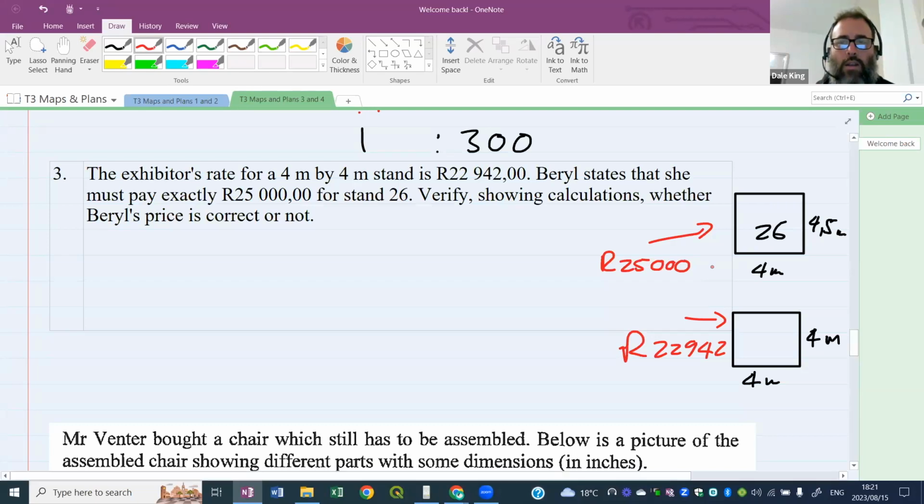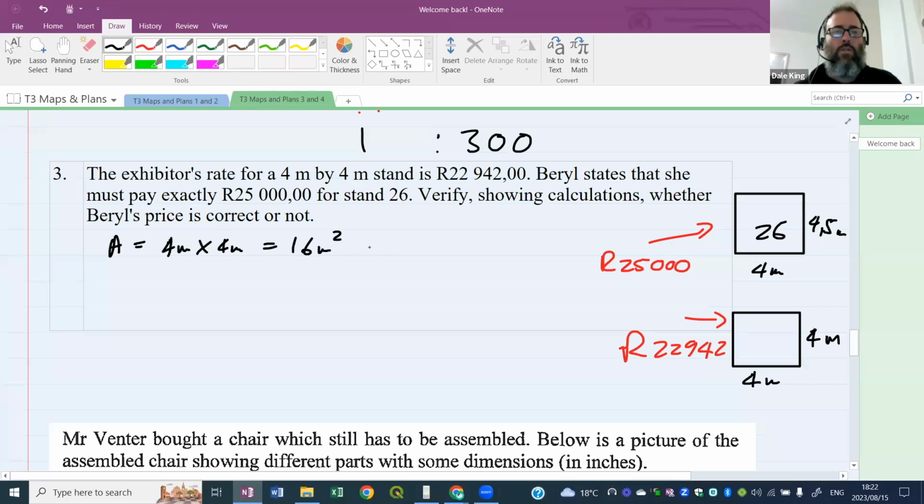So how can we compare? I don't want to say too much and give it away. I'm giving you a clue already. Do you calculate the area of the shape? All right, let's try the area of the first one, the 4 by 4 meter, and that's going to be 4 times 4, 16, which gives us 16 meters squared.